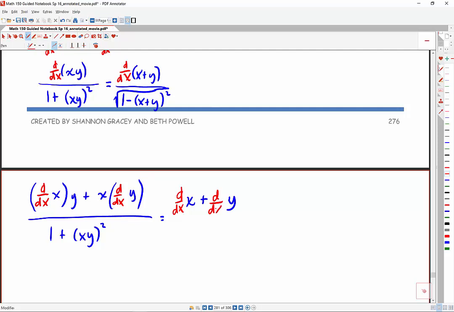And that's all over the square root of 1 minus quantity x plus y squared. Cool so far? Awesome.